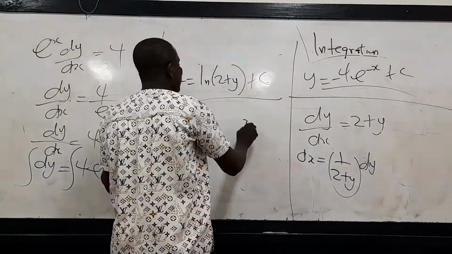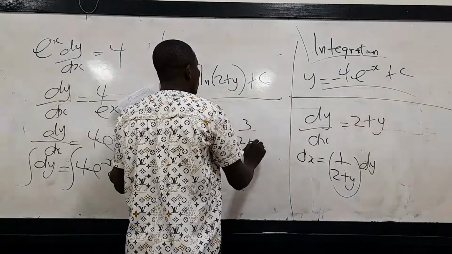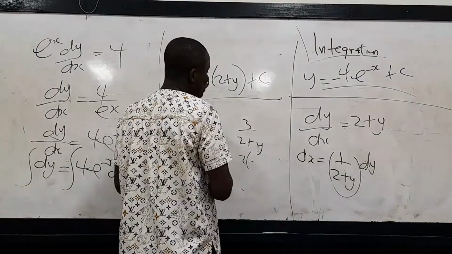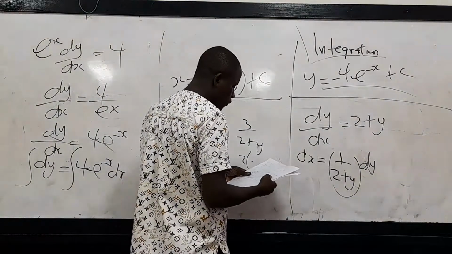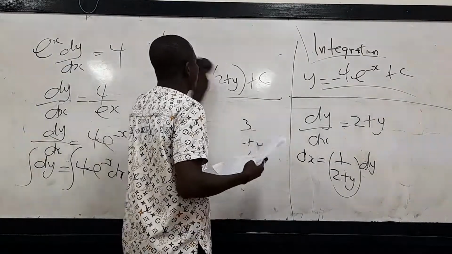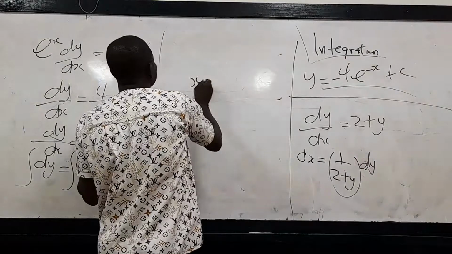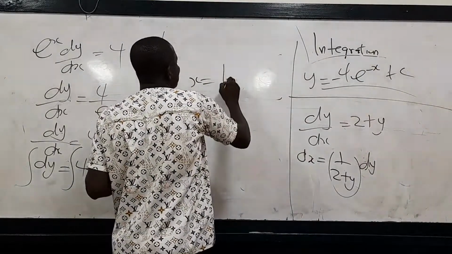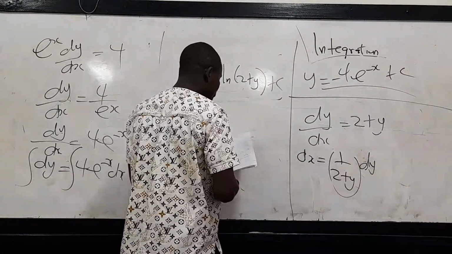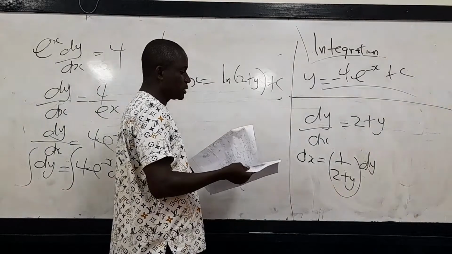If it is, let's say, 3 over 2 plus y, it will be 3 ln 2 plus y, and so on and so forth. But here it is ln 2 plus y plus the constant. Okay, that is what we are having.